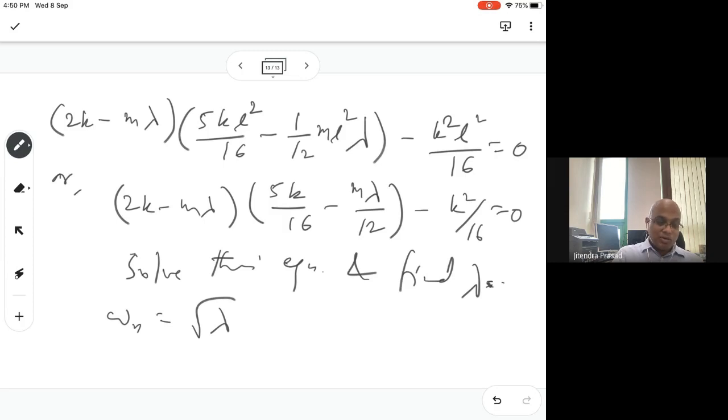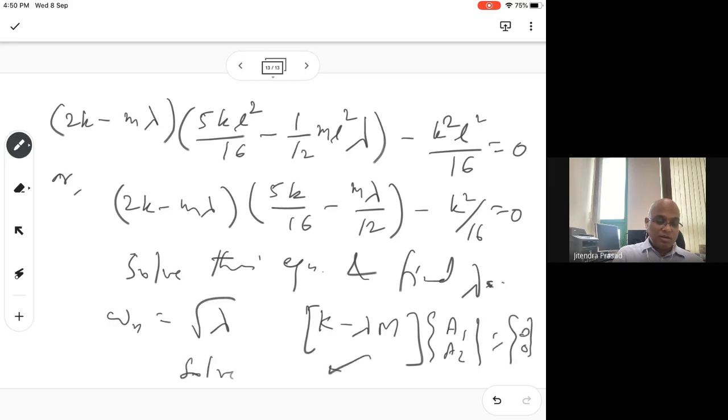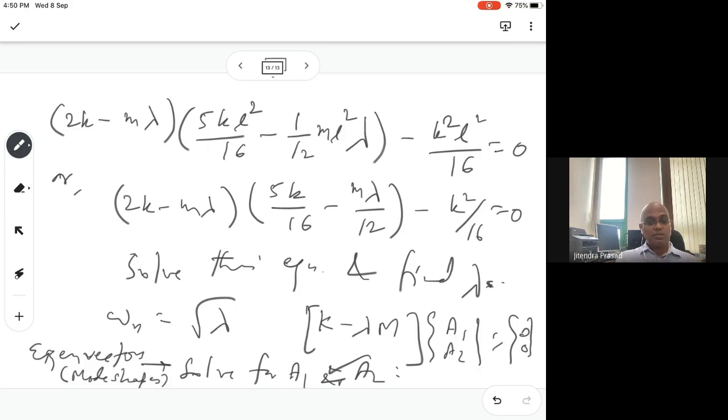For that you do k minus lambda m, put the actual lambda here, then m, and a1 and a2 equal to 0, and solve for a1 and a2. This gives you the eigenvectors, which are the mode shapes. The same way we solved the previous problem.